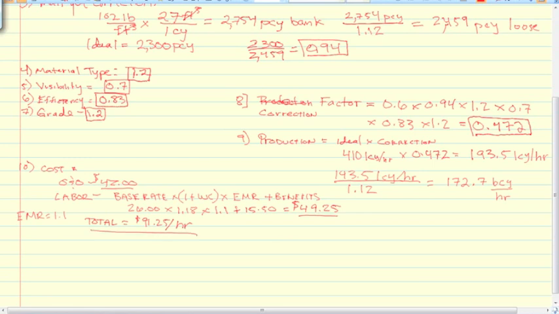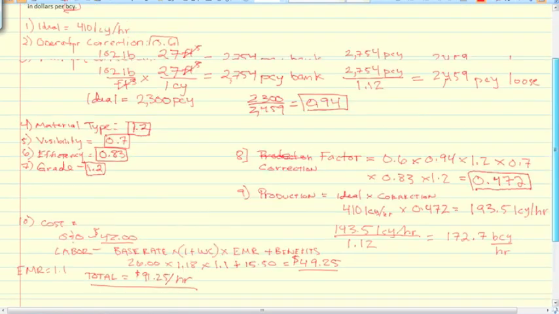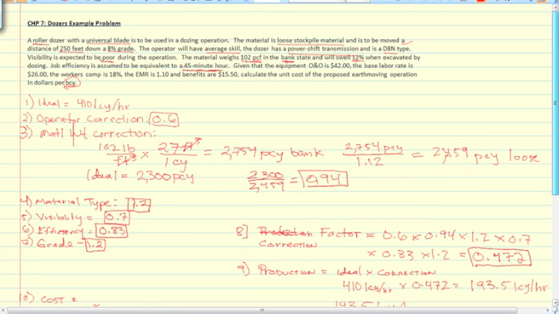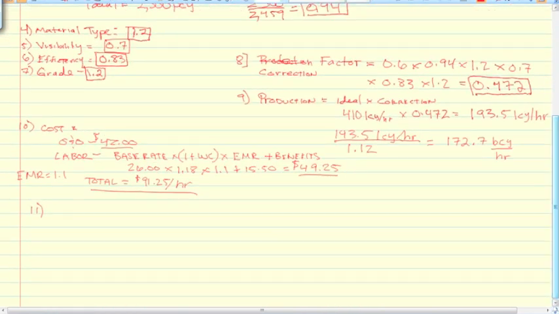So that's important. Alright, so really the final step here, step 11, is just to find the answer, which they were looking for: the unit cost of the earth moving operation in dollars per bulk cubic yard. So now you're just going to take the dollars, and I'll call this unit production equals the total cost over the production.